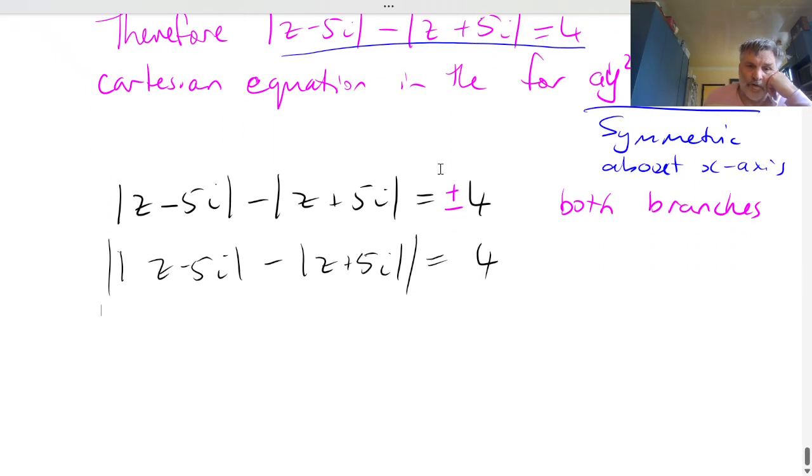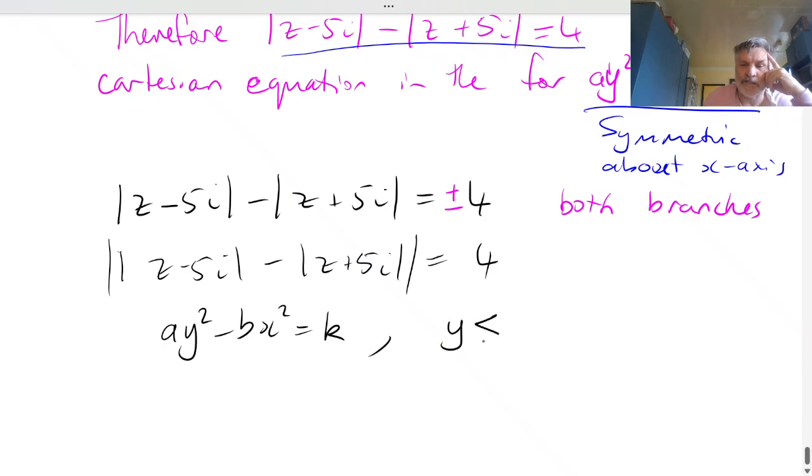I suppose you could also solve the equation by getting your answer a y squared minus b x squared equal to k, and then specifying that y has to be less than, it's never actually equal to, but has to be less than or equal to 0, and that would exclude the top part. But this equation has got this extra condition, so I would say it's not in the form that's required.